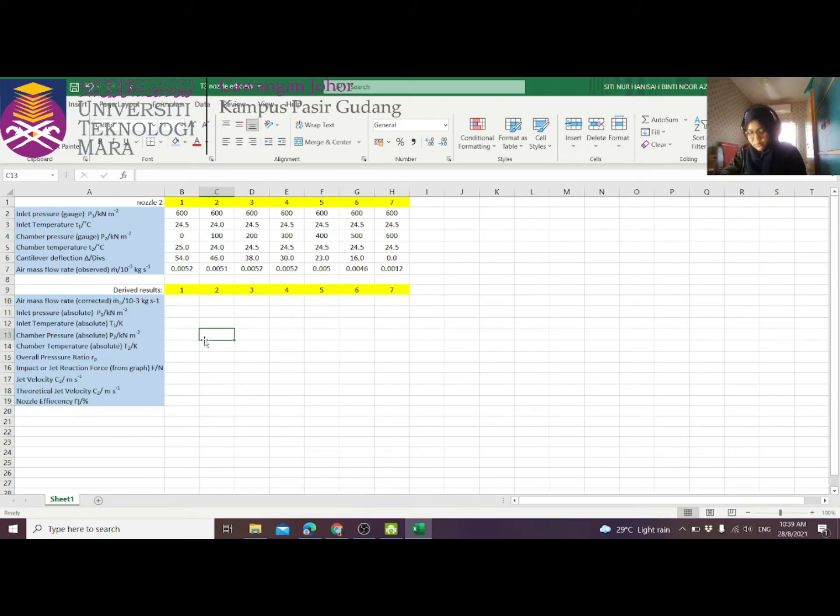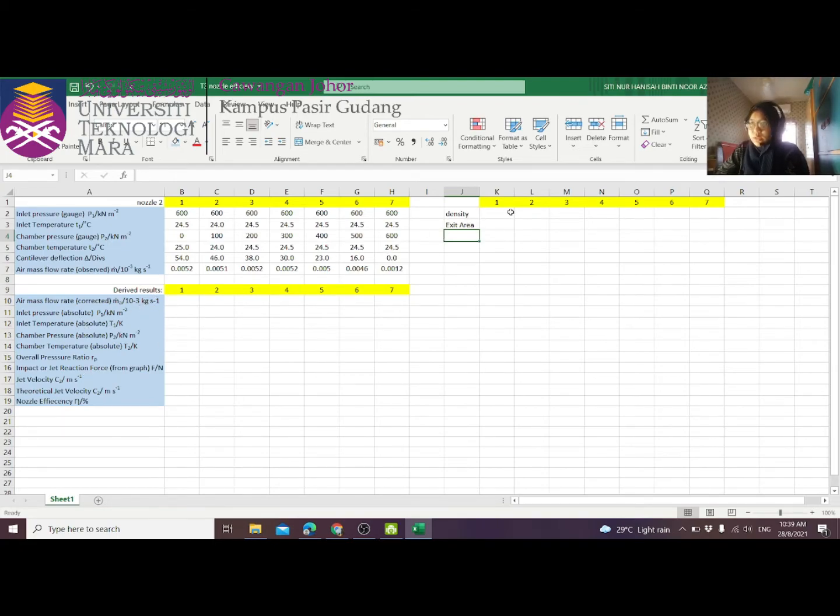And then next is the extra one, which is density. 1, 2, 3, 4, 5, 6, 7, and then exit area. Okay. These two we will use to do some calculation in direct result.